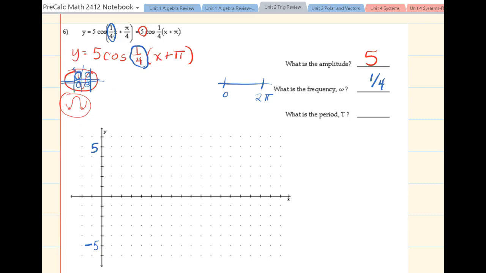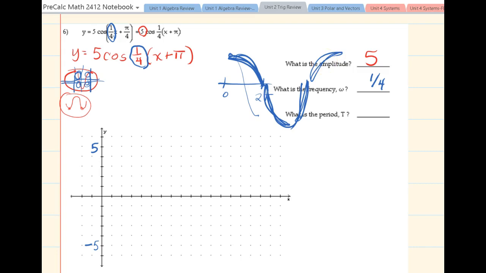We only will get 1/4 of it here. So our cosine will start at the top, and when 2 pi is over, we would probably only have this 1/4 part of my cosine graph that goes like this. There's a half, 3/4, and then there's our 4/4. So that's what it's telling us.